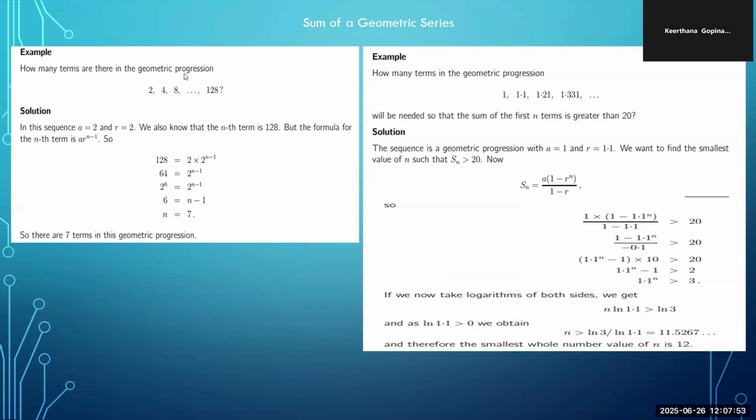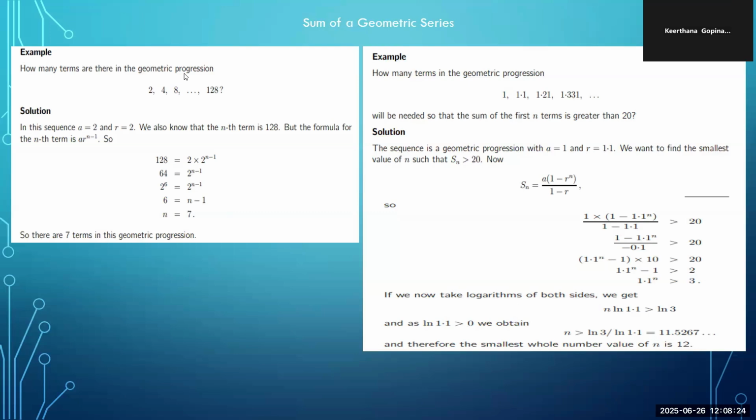Always the question will not be to find the nth term. They can give the nth term and ask which term it is. So they have given the series: first term is 2, last term L is 128. Now, in which position does this L come?